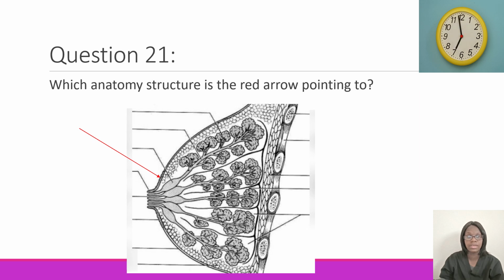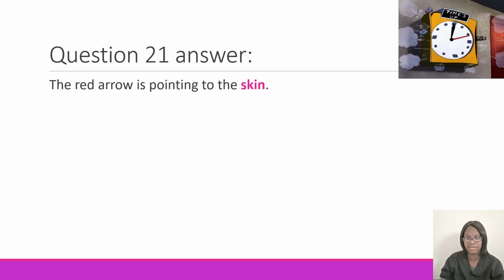Question 21. Which anatomy structure is the red arrow pointing to? Okay, the correct answer is the skin.